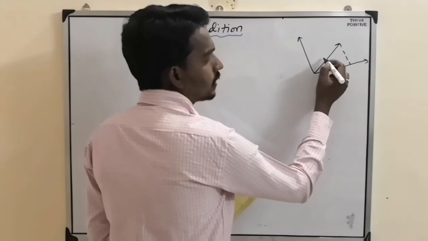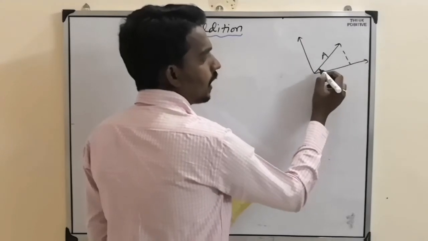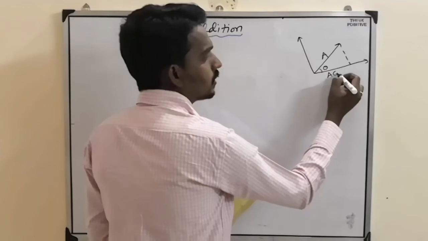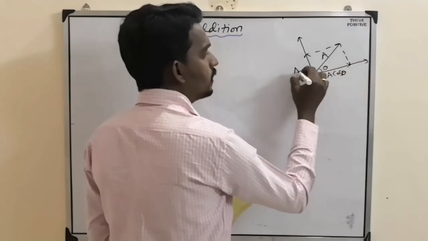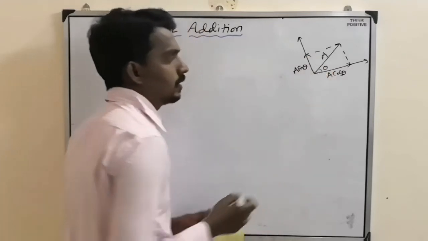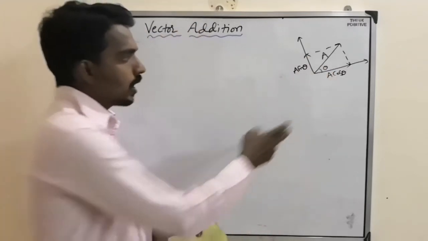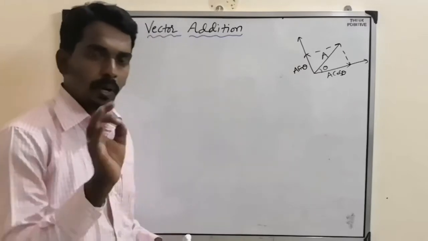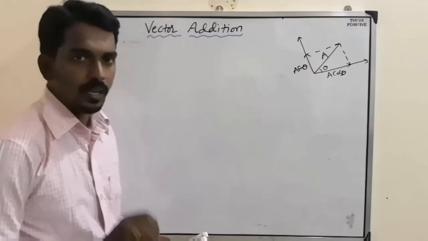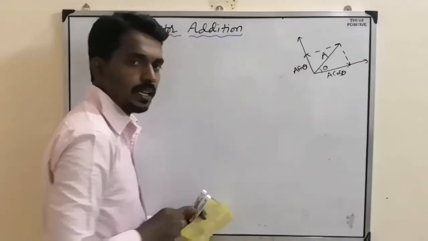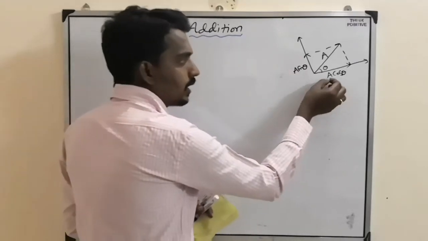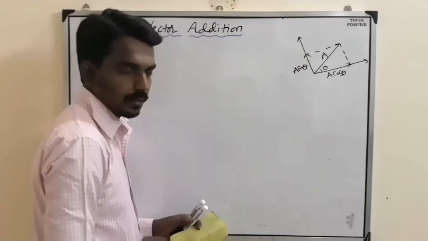Suppose the vector is A and this angle is theta. This component is A cos theta and this component is A sin theta, such that both components must be perpendicular to each other, and one is the cos component, another one is the sin component, where A is the magnitude of the vector.